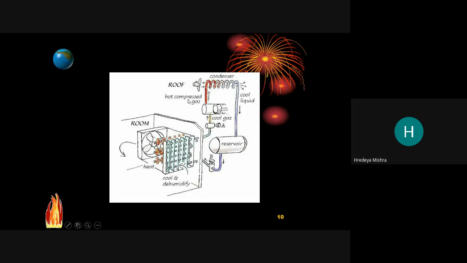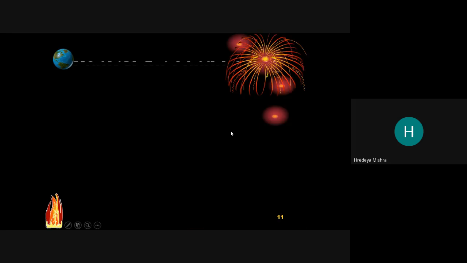Means we can say there are hot gases here. This is our cool and dehumidified air, means humidity is not present here. So the heat is outside and the cool is on this side. Okay, this is our A and B present here.